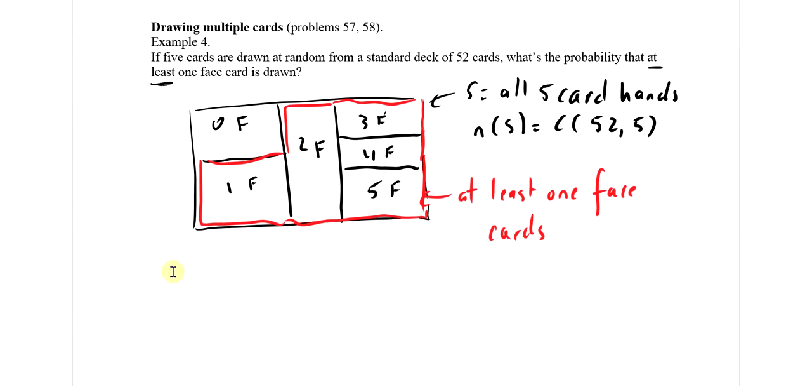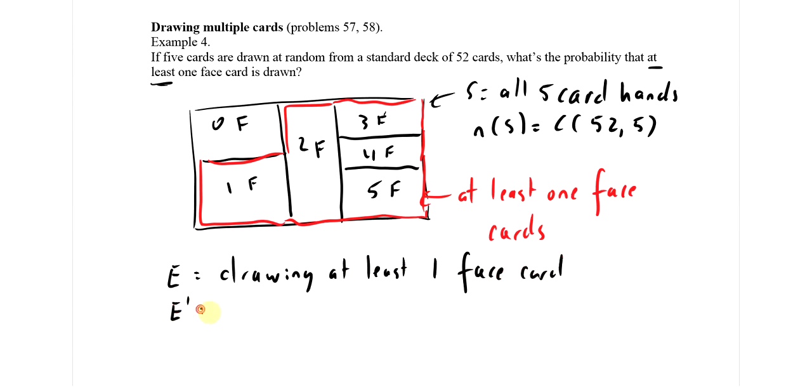So go back to a black pen. If we set E as the event of drawing at least 1 face card, then E prime is drawing 0 face cards.